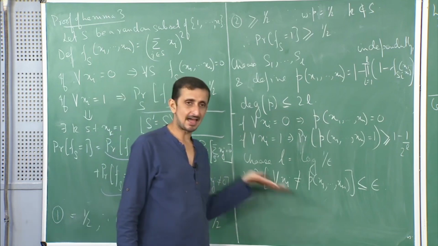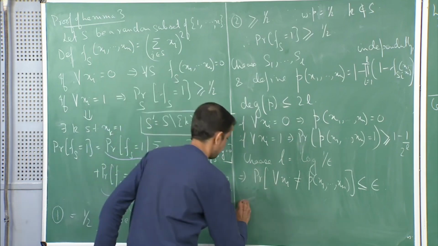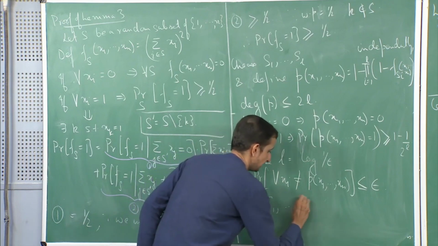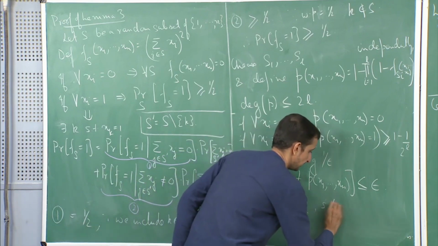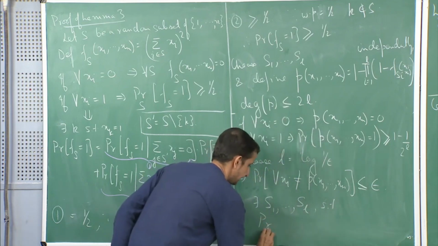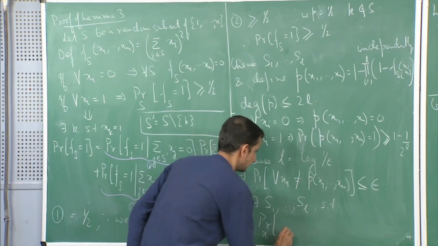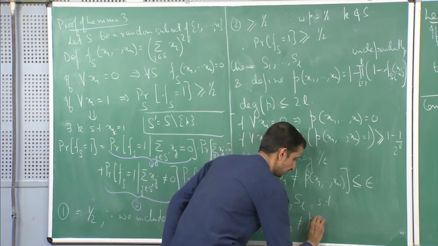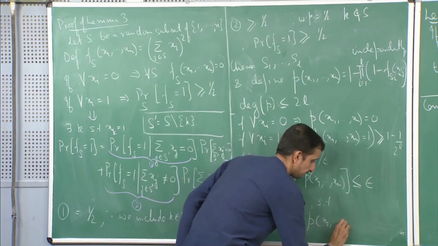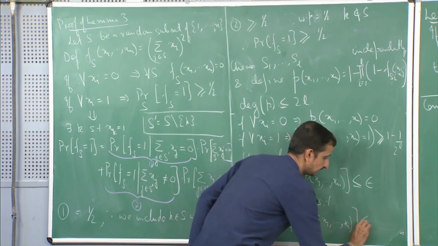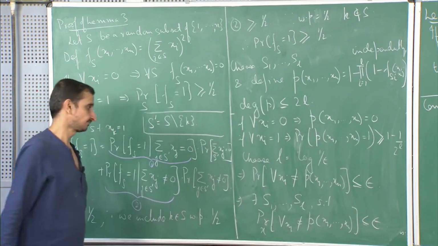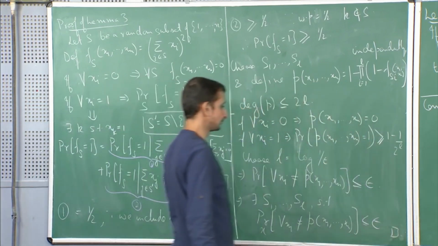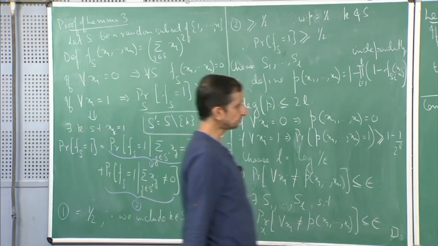Now, we can give an averaging argument and conclude that there exist sets S1 to SL such that the probability that, for a random x, OR of xi is not equal to P of x is at most epsilon once again, okay, and this proves lemma 3 for us.